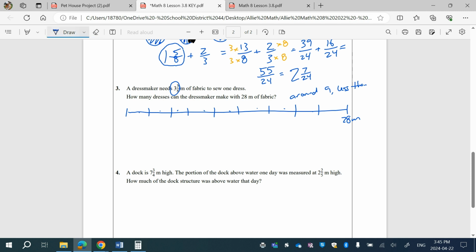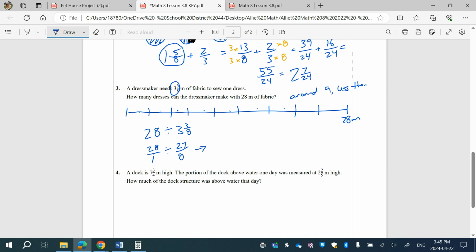So let's do it. We are looking at 28 divided by 3 3/8. Let's convert this. Actually, I want to show that step. 8 times 3 is 24, plus 3 is 27 over 8.